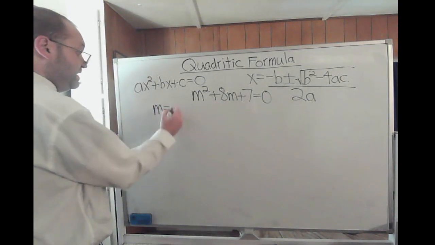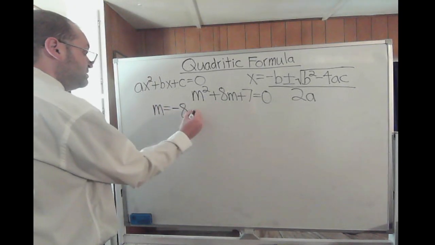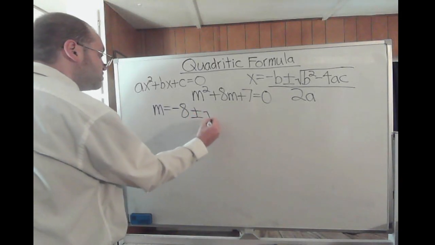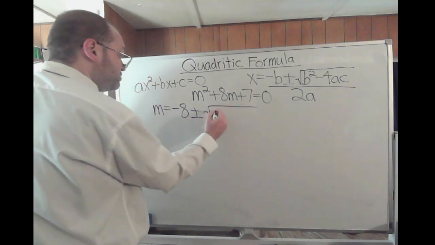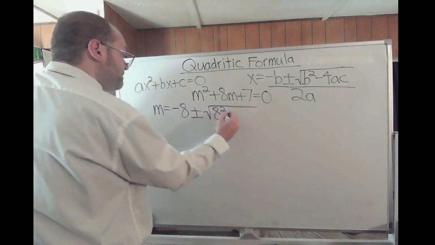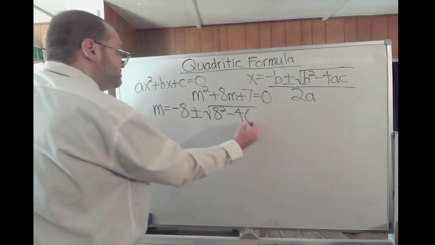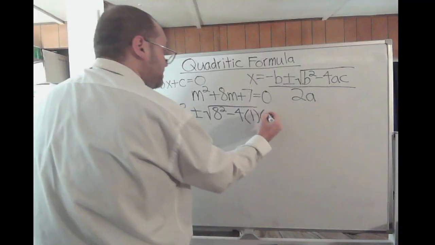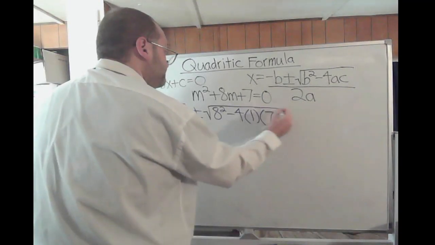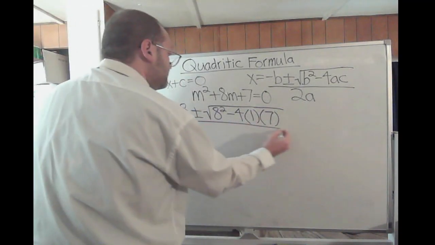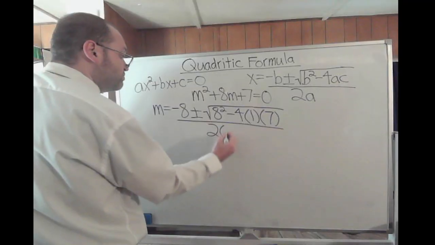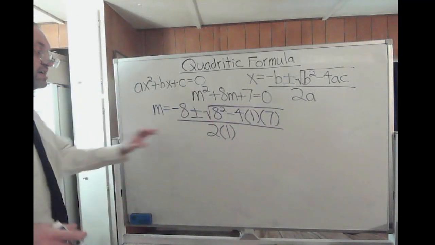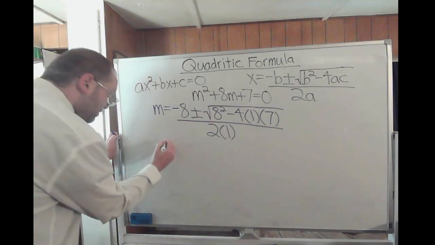Well, b is 8, so you'd have negative 8 plus and minus the square root of b squared, which would be 8 squared, minus 4 times your a, which is 1, times your c, which is positive 7. This is all going to be over 2 times your a, which is 1. So now we've set up the quadratic formula structure.